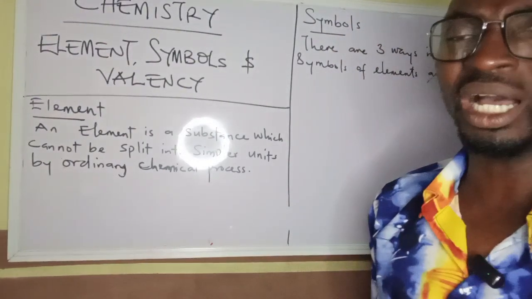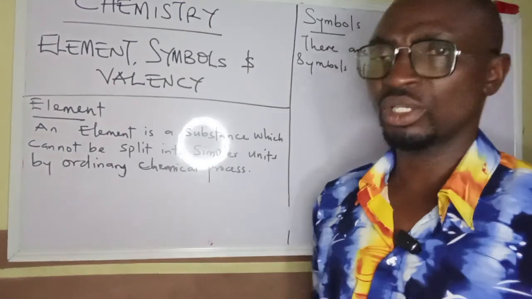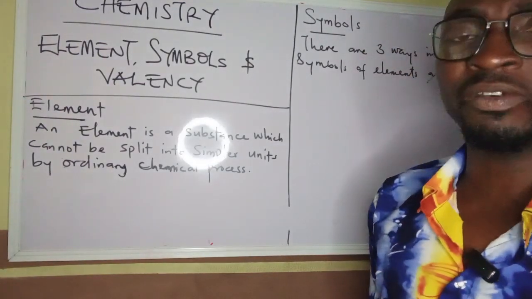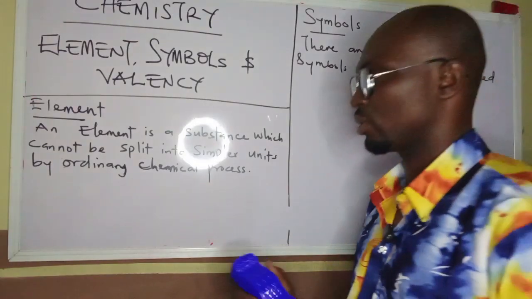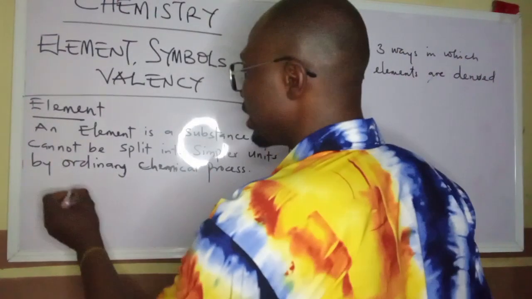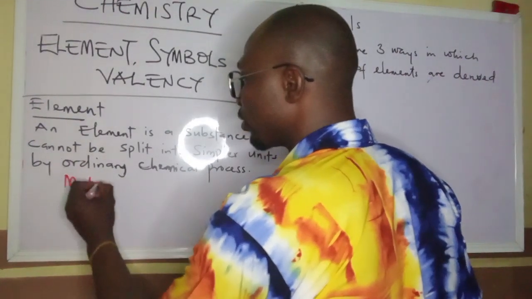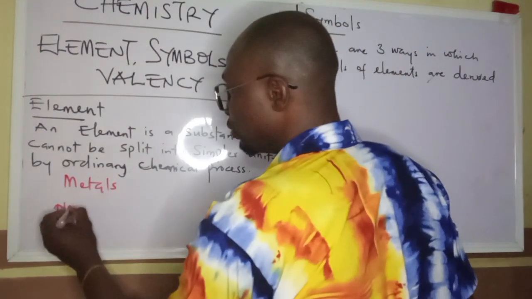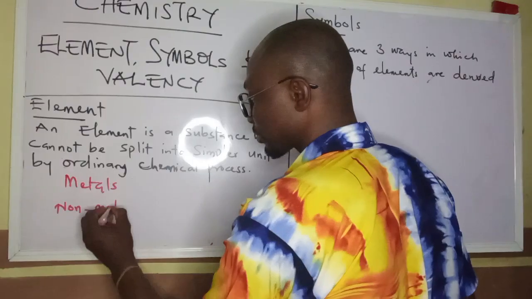In chemistry, we have hundreds of elements, and these elements are classified into two major groups. We have metals, and we have non-metals.